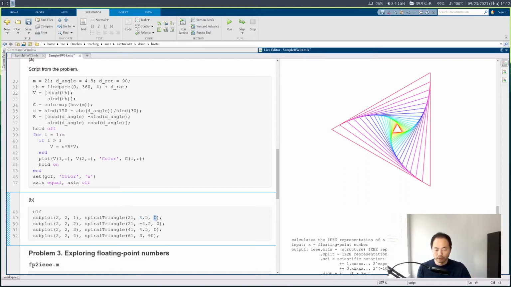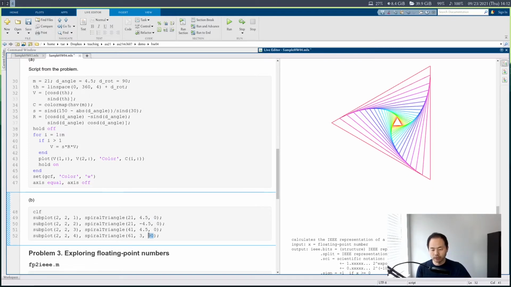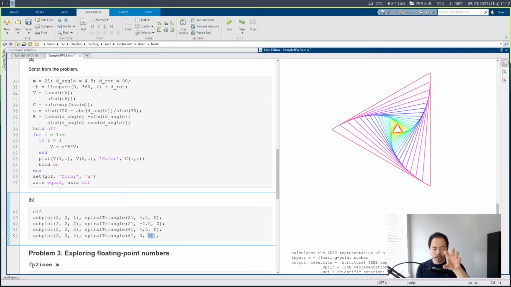And the angle right here is the configuration of the initial triangle, the innermost triangle. So 0 means you don't rotate the initial triangle, but when you put something like 90, you are going to rotate the innermost triangle by 90 degrees. Okay, so let's run this.